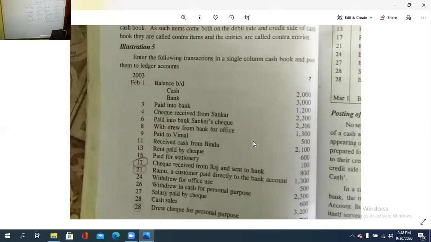Check received from Raj and sent to bank. So cash account debtor to Raj. How much is the amount? 800. And the same is deposited to bank. So here bank 800. Then Ramu, a customer, paid directly to the bank.